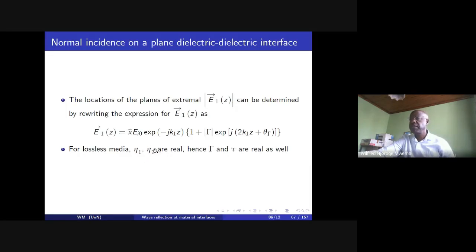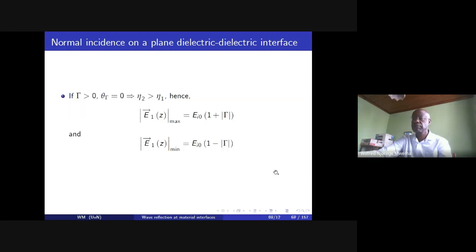But now, since the media are lossless, these are real impedances. And therefore, because the reflection coefficient and the transmission coefficient are only functions of eta1 and eta2, they themselves will also be real.